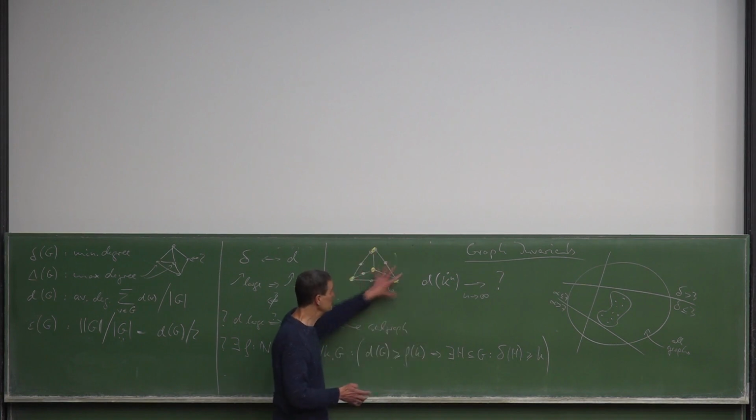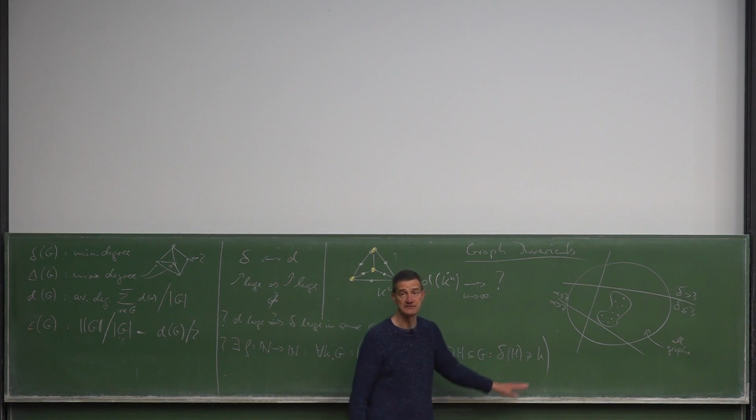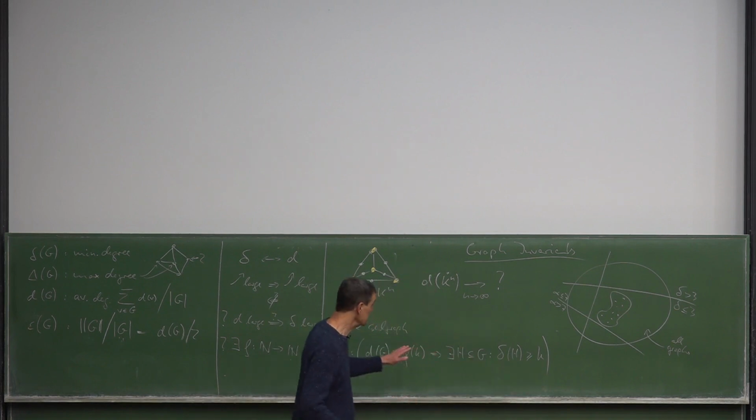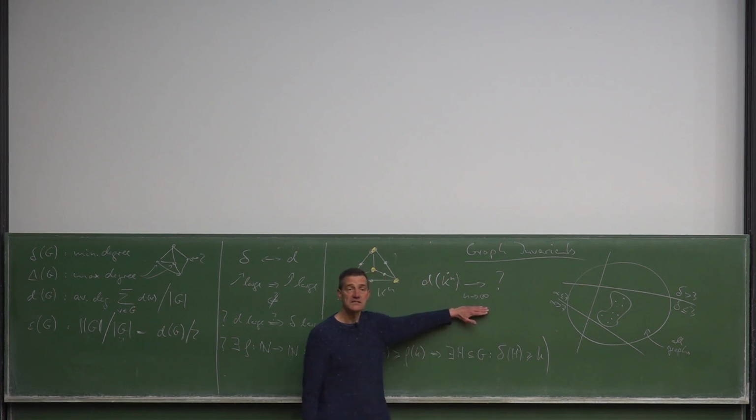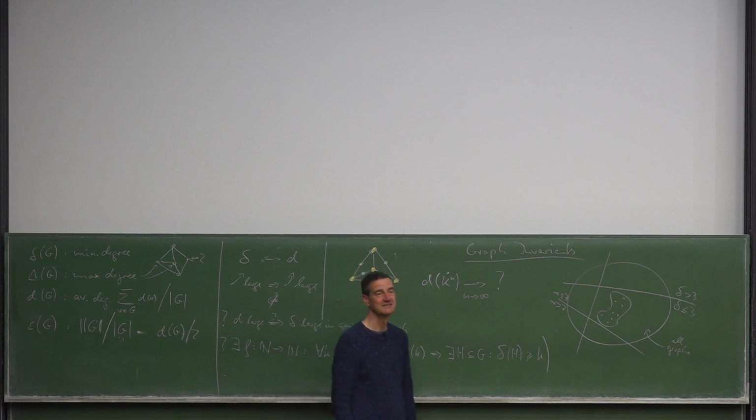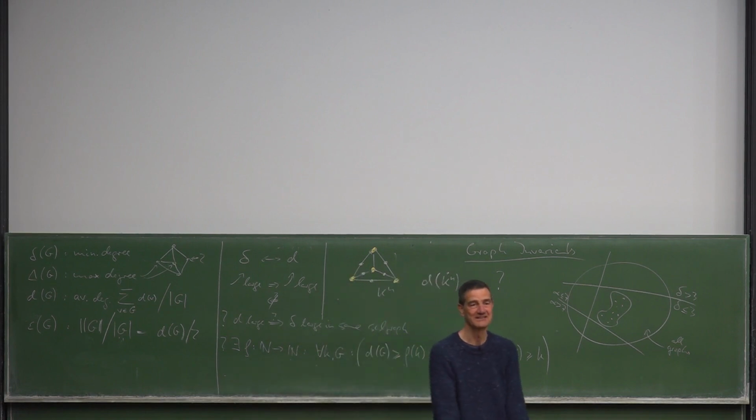And yet it would be one of those graphs, so there would not be a subgraph of min degree at least 3. So are these counterexamples? Is it true that this goes to infinity or not? What do you think?